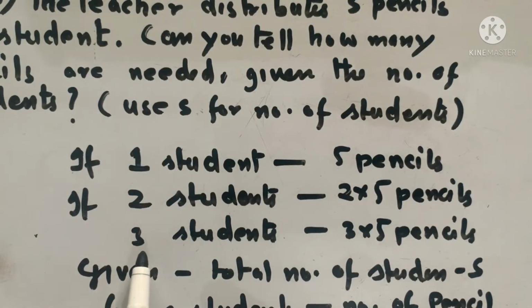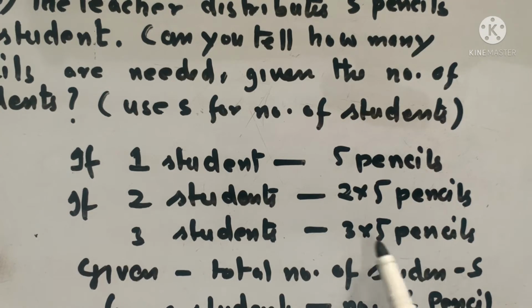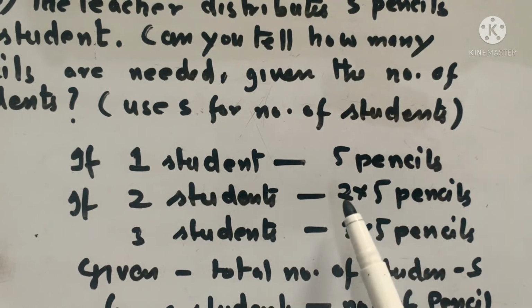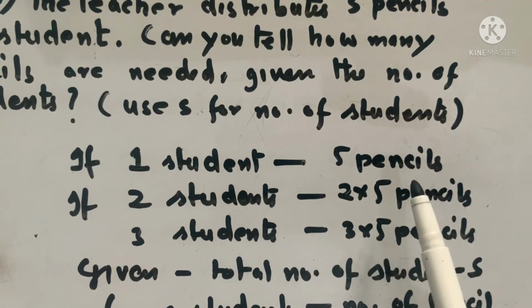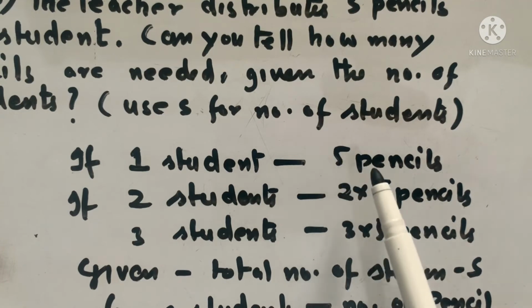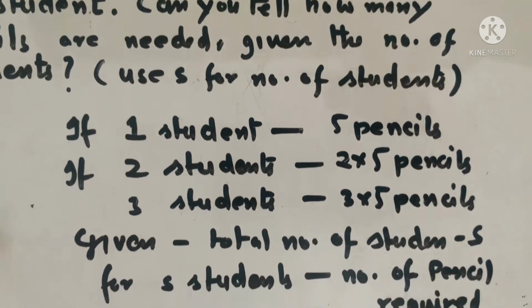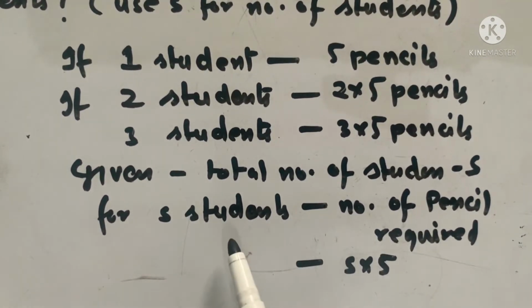For 1 student, 1 into 5 pencils; for 2 students, 2 into 5; for 3 students, 3 into 5. Similarly, for S students, the pencil requirement will be S into 5.